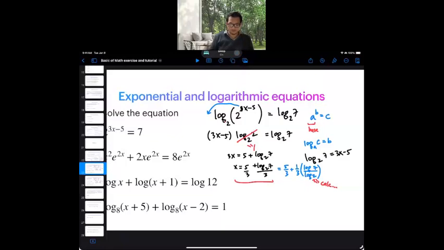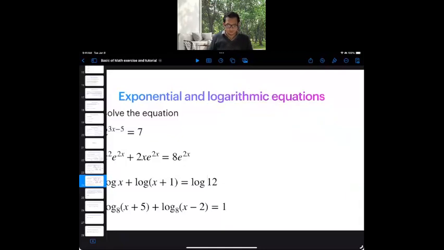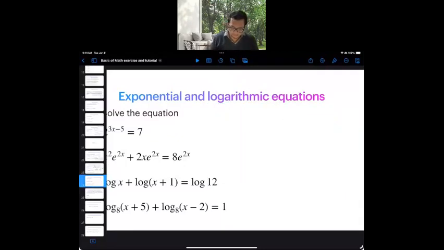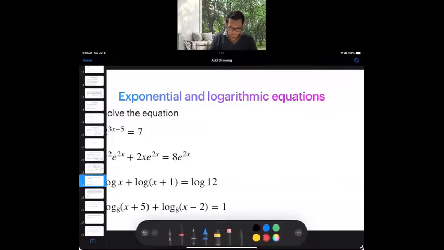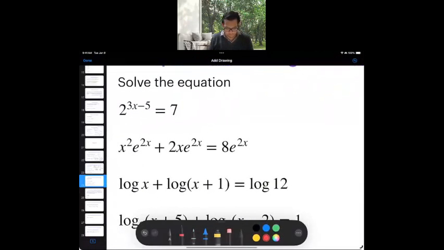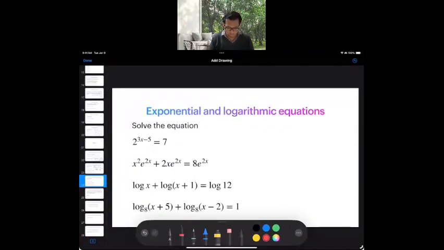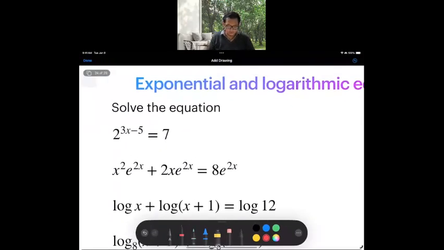I will move to the next number. I will delete this one; we still have this, I just duplicate. So number two is this: x squared with e power 2x, 2x e power 2x, and 8 e power 2x.